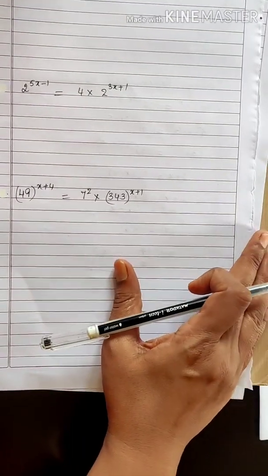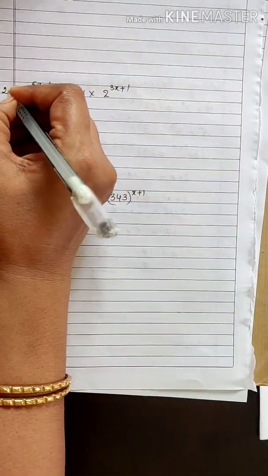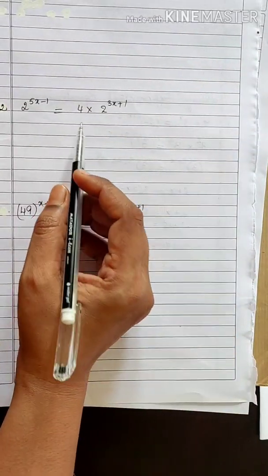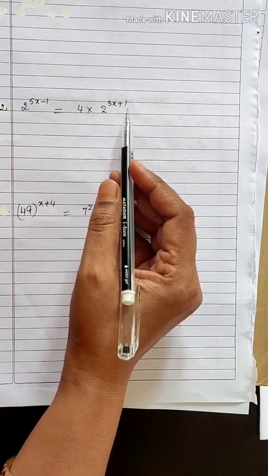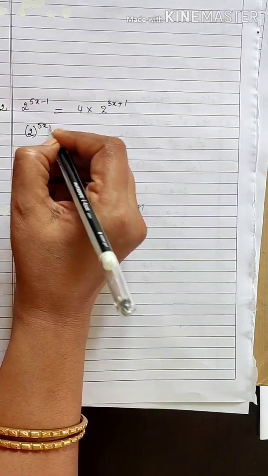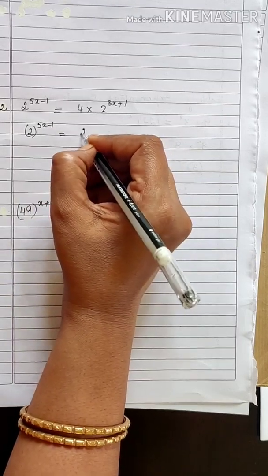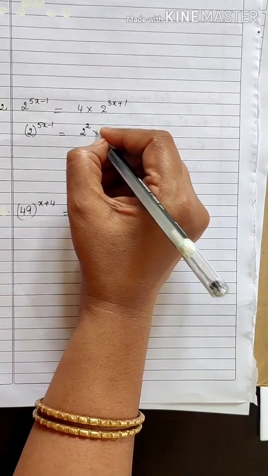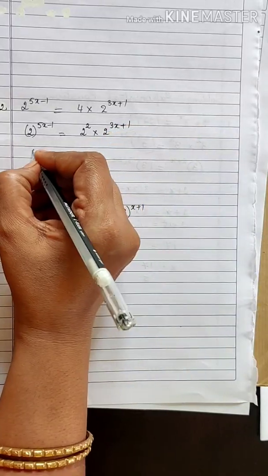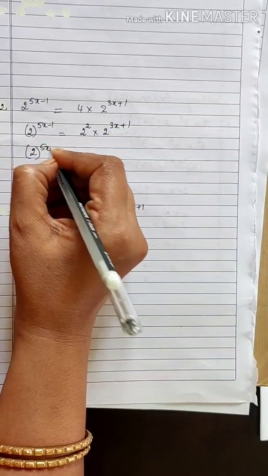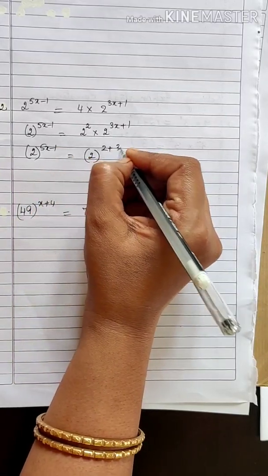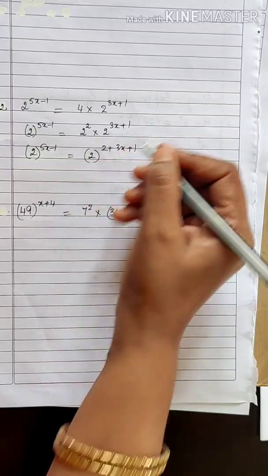Now few more examples of exponential equations. 2 to the power of 5x minus 1 equal to 4 into 2 to the power of 3x plus 1. 2 to the power of 5x minus 1 is equal to 4 can be written as 2 square into 2 to the power of 3x plus 1. 2 to the power of 5x minus 1 is equal to 2 to the power of 2 plus 3x plus 1, applying product law.